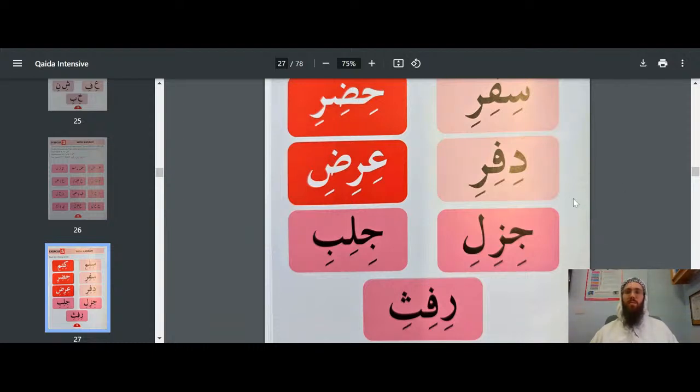The letter, and now with the vowel, either fatha, kasra, or dhamma, we know which vowel to put on it. So the jim is telling us it's the j sound, and then the fatha tells us it's ja, or kasra, ji, or dhamma, ju.